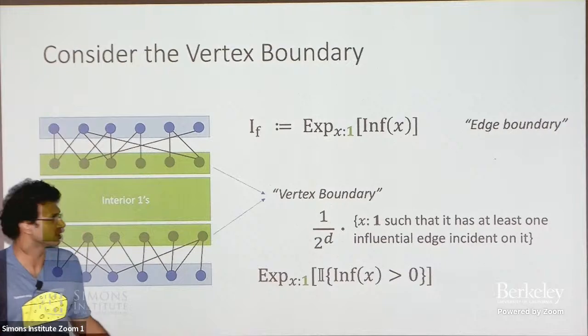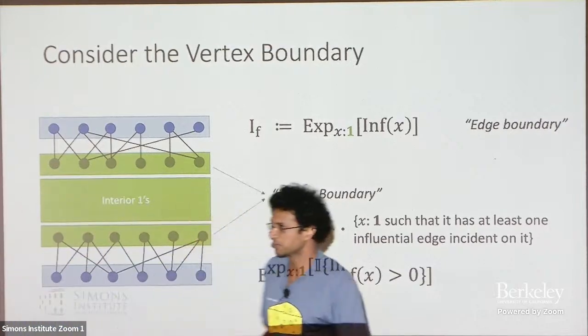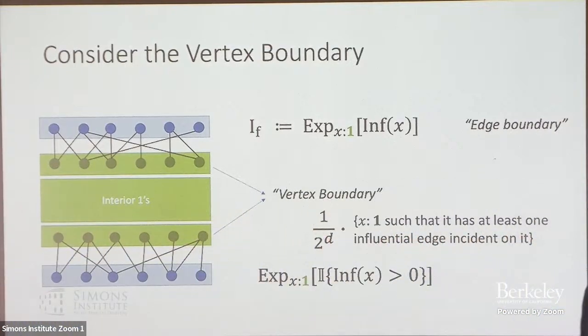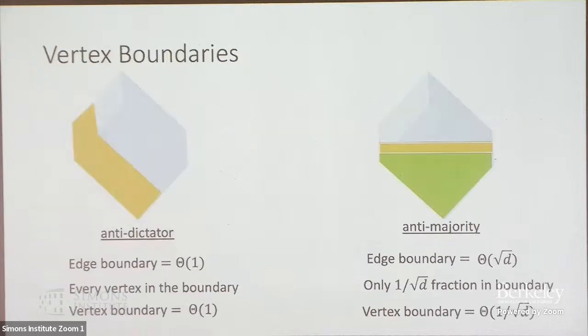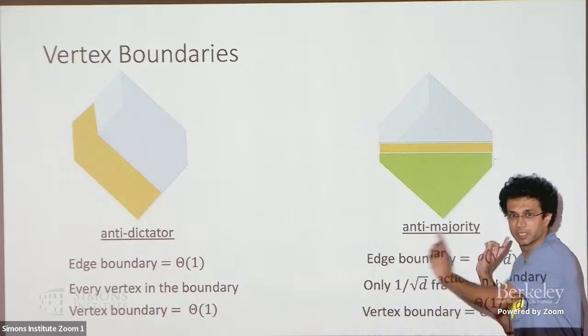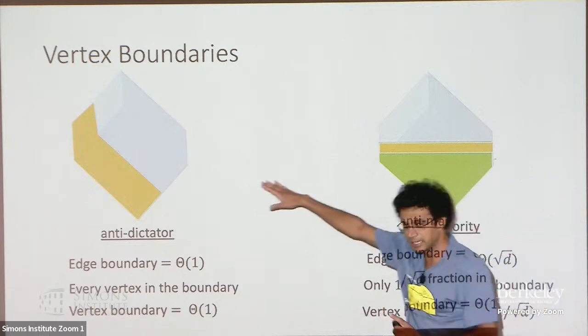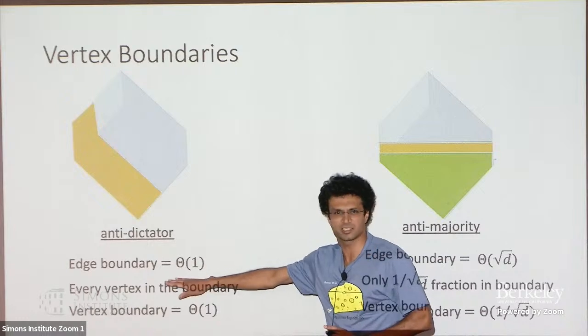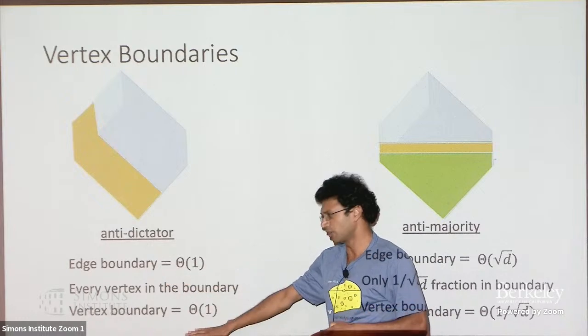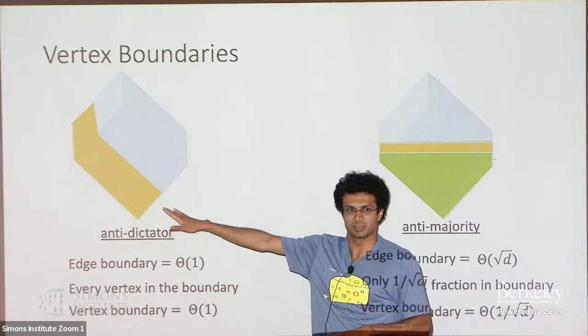So this is the fraction of points that participate in the boundary. Now you're going to see something very fascinating here. Let me look at both the edge boundary and the vertex boundary of these extreme cases. In the dictator, the edge boundary, that's theta of 1, right? That's the influence. The vertex boundary is also theta of 1 because everything is in the vertex boundary.